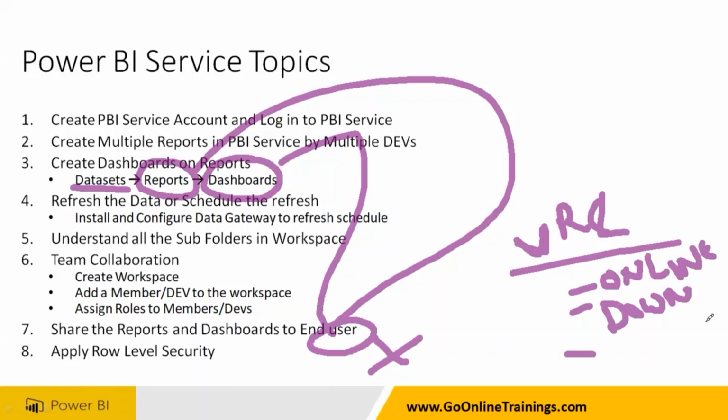He can go to app.powerbi.com, click on workspace, and see the report online, or he can also download the report in PDF format or Excel format, however he needs it, or he should be able to get the report in the email.